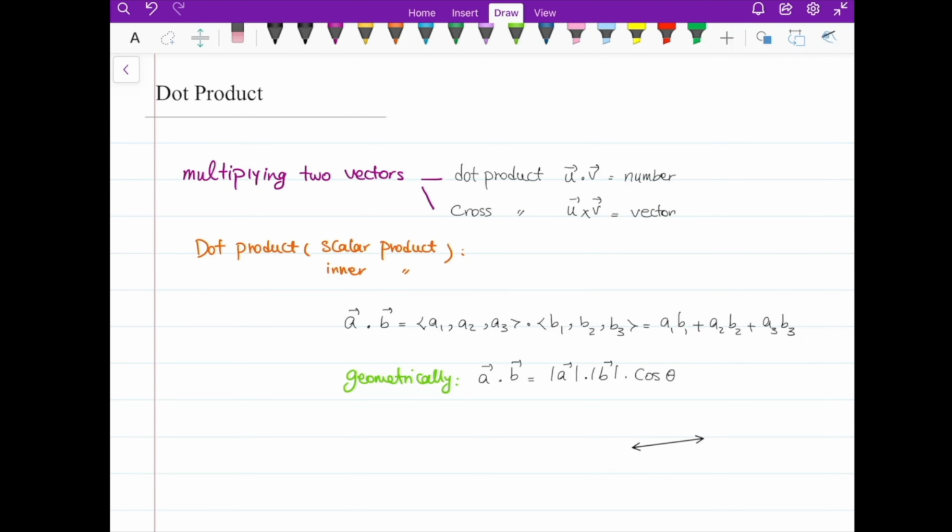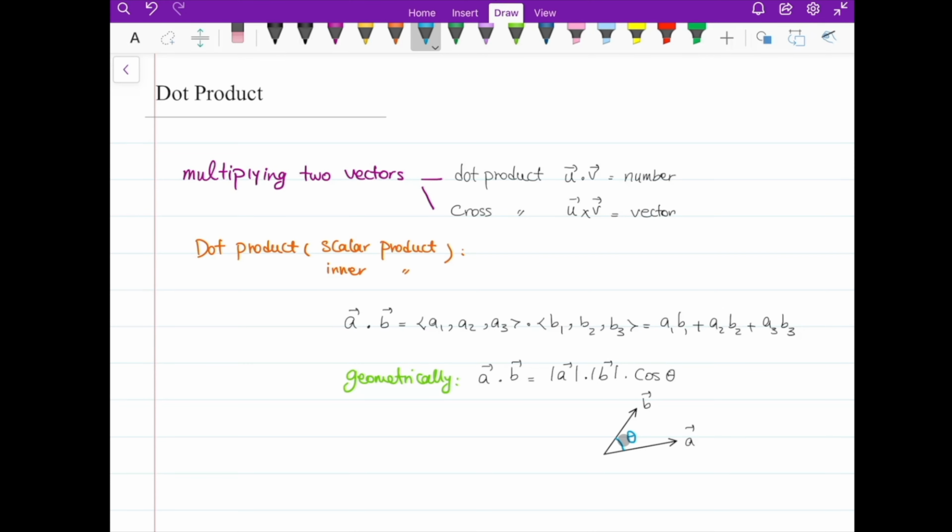So this is vector a, for example, and then I have a vector b here, and theta is the angle between these two. So a dot b would be the length of a, the length of b, and the cosine of the angle theta between these two.